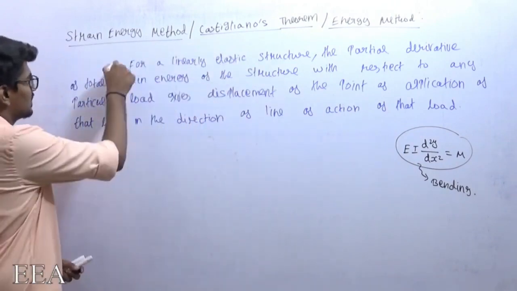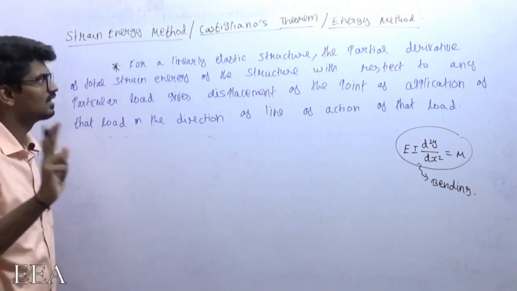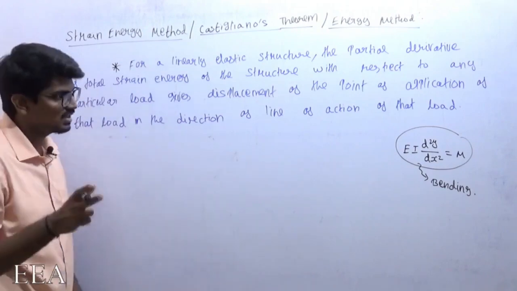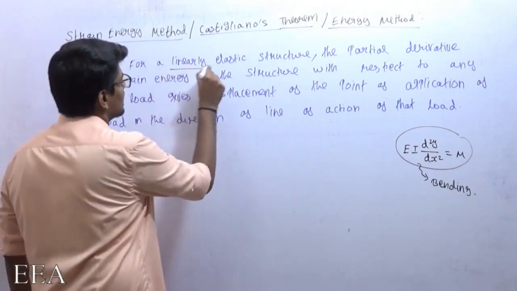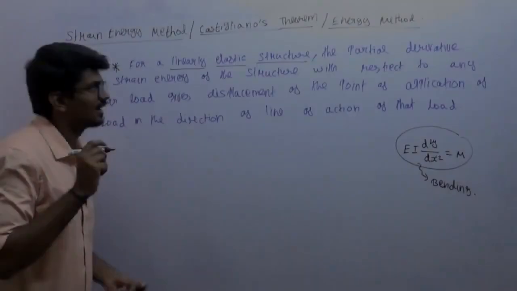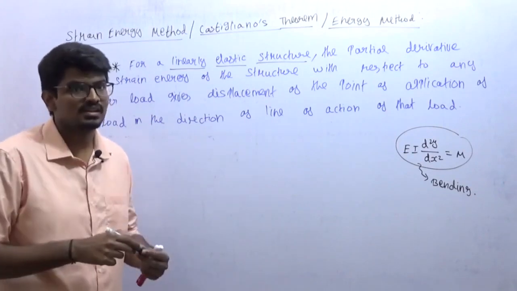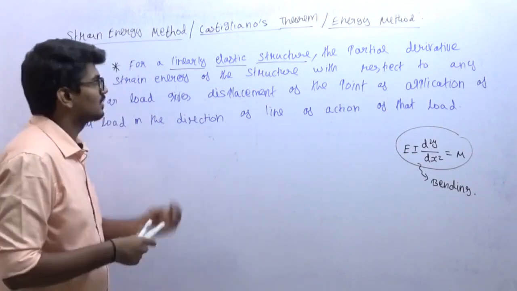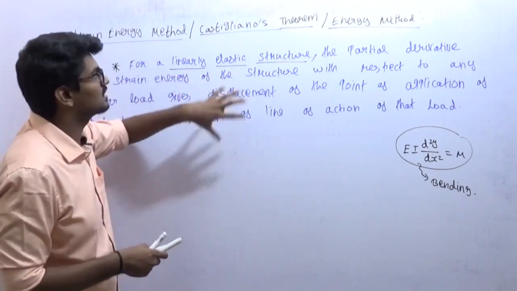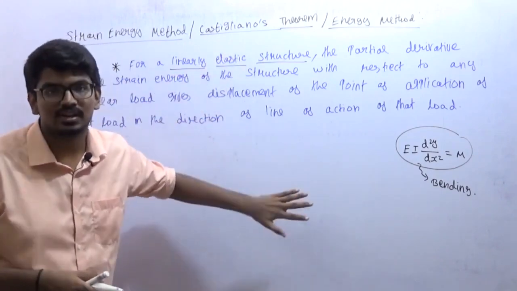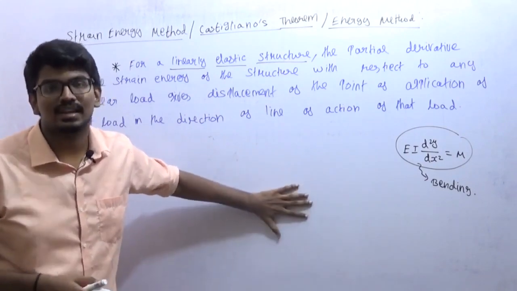So this is the first theorem. There are two statements actually in Castigliano's theorem. The first statement states, for a linearly elastic structure, again in strength of materials, as I already said, we will mostly concentrate on elastic members only, that is, a member which is purely elastic.